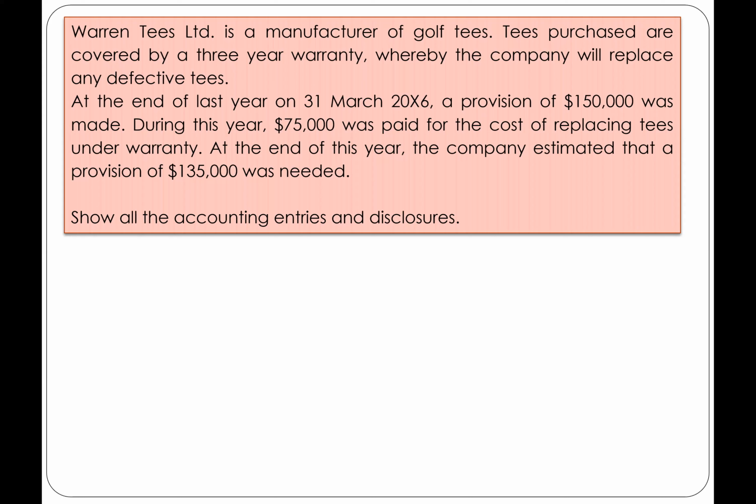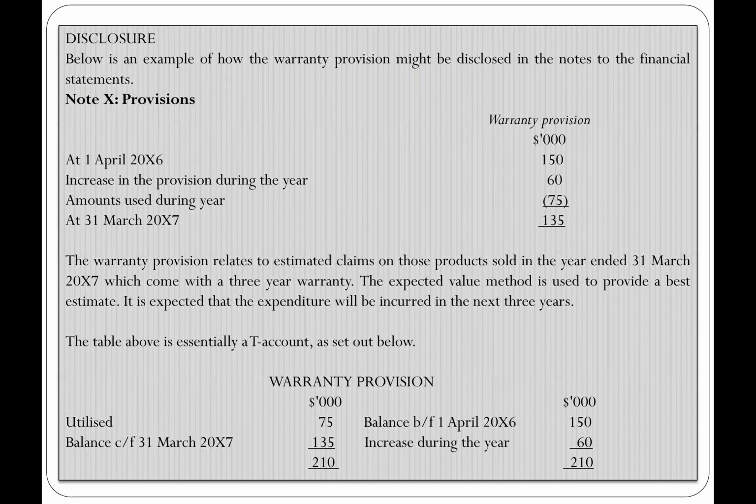At the end of the current year, we then estimated the provision that we needed to be 135,000, which is the reason why we then made an additional entry to the provision account of 60,000 so that we can increase our provision from 75,000 to 135,000. You can actually put a table that explains this for the benefit of the users of the financial statements.